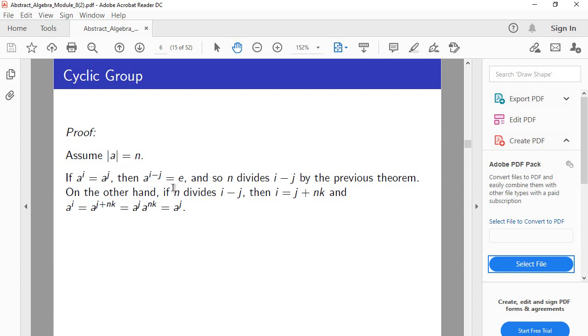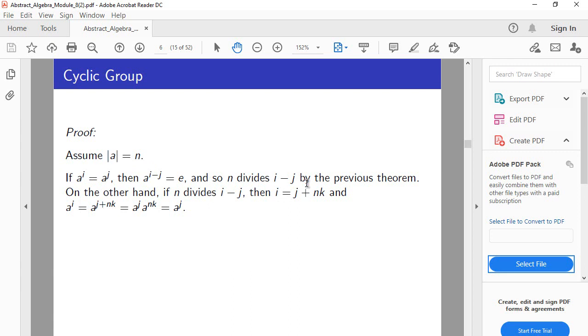So by the previous theorem, we know that i minus j would be divisible by n. So n divides i minus j. So what we have obtained then is, if a to the i and a to the j are the same, then the order of A, n, divides i minus j.